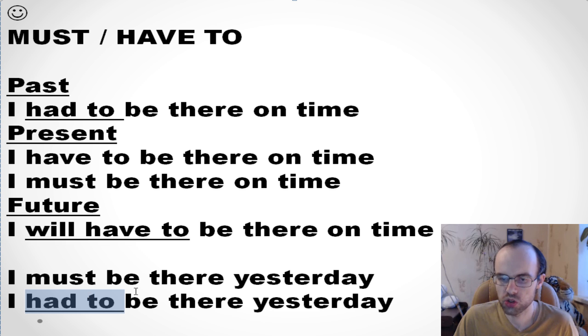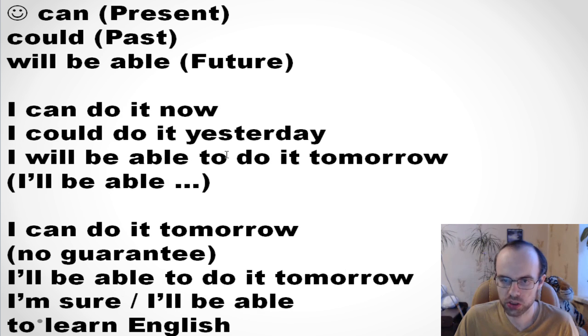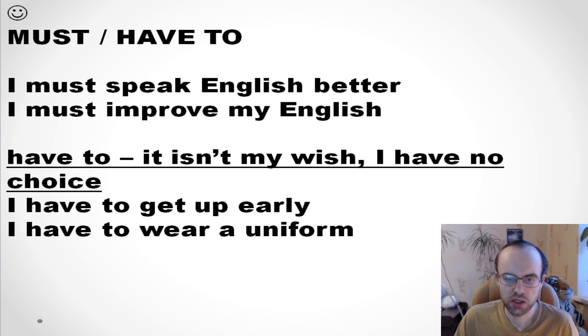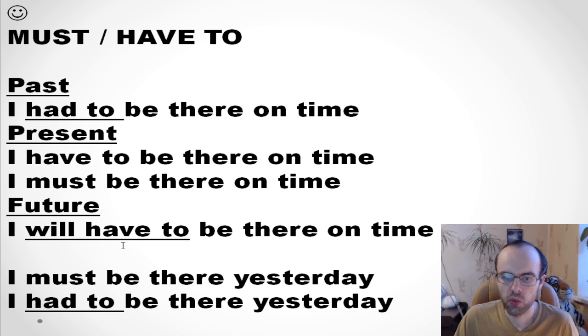I had to be there yesterday. Good. And we'll have to. So you see that if we look at can, we use will be able to. And if we look at must, we use will have to, talking about the future. Good.